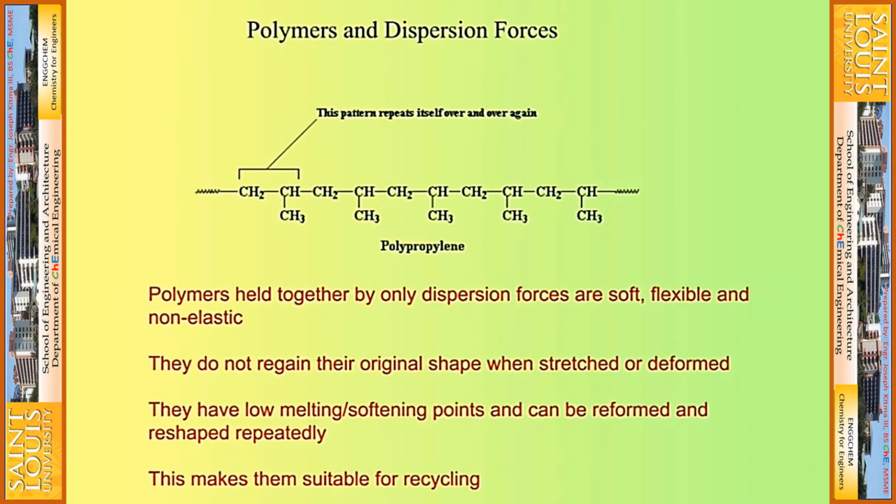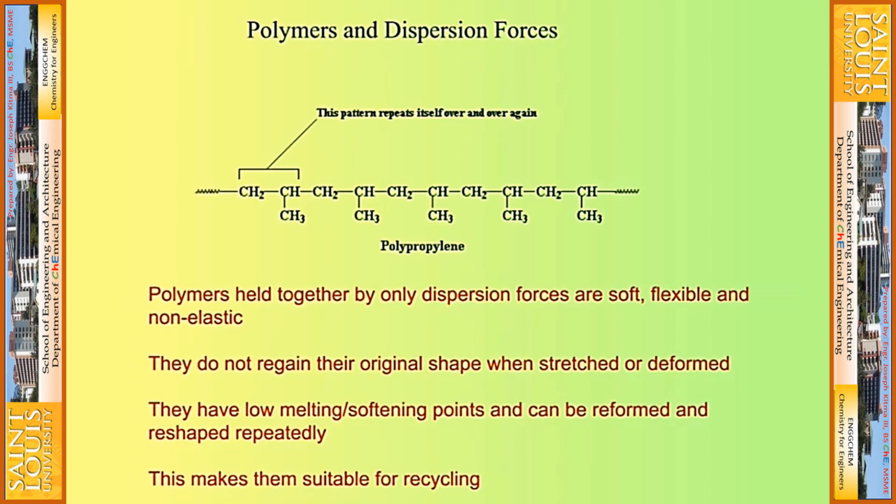Polymers held together by only dispersion forces are soft, flexible, and non-elastic. They do not regain their original shape when stretched or deformed. They have low melting or softening points and can be reformed and reshaped repeatedly.